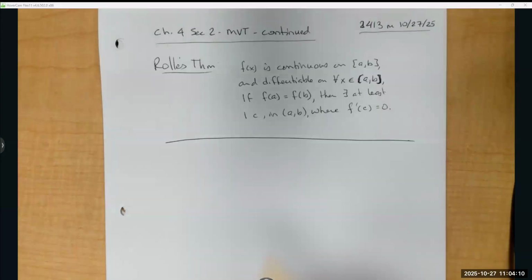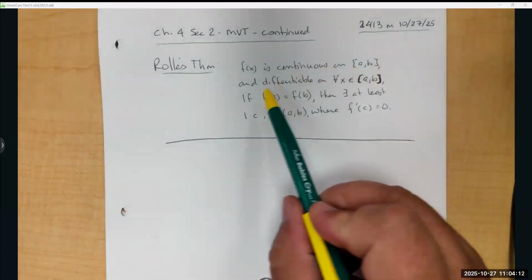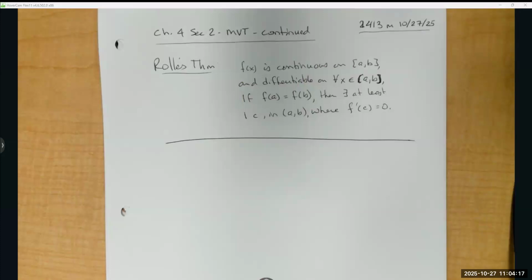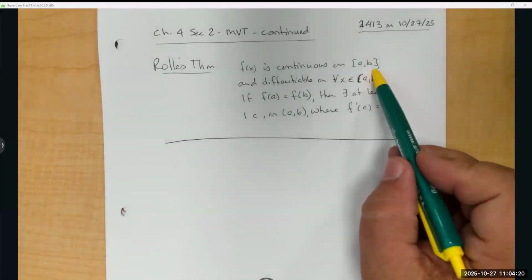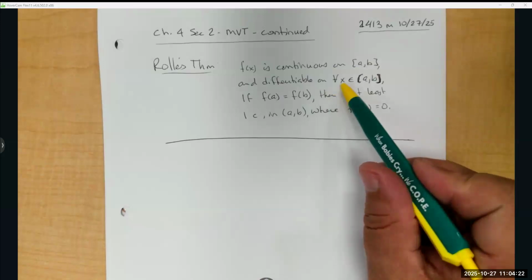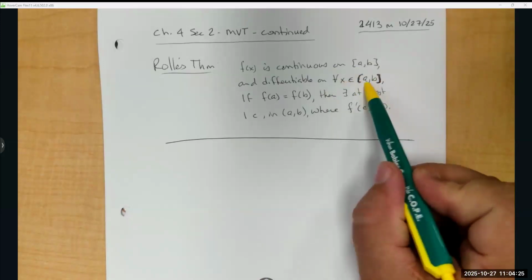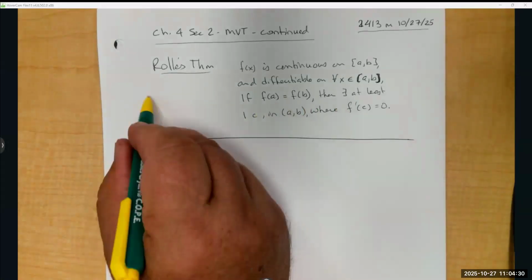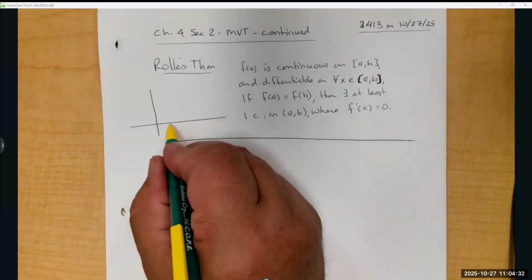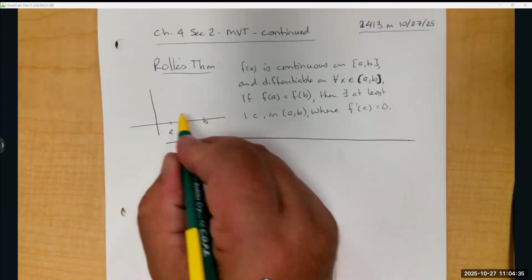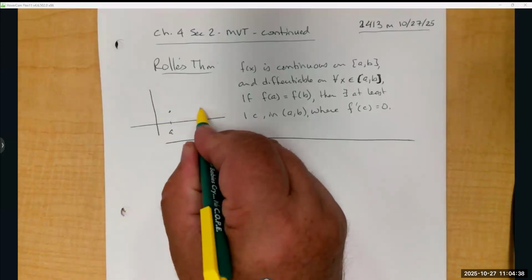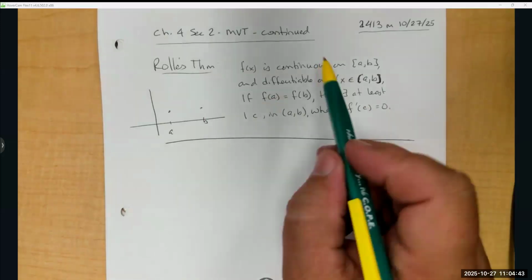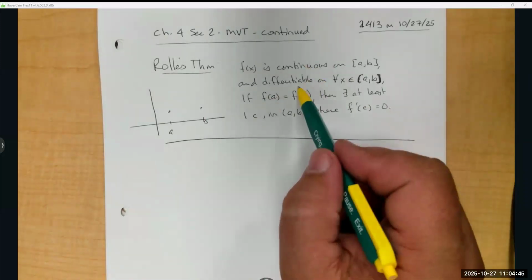All right. So last time we talked about Rolle's theorem, which pretty much says this. If f of x is a continuous function on a closed interval and differentiable at all interior points x inside the open interval ab, then if we had two values at a and b that were equal, remember, the function's continuous and it's differentiable.